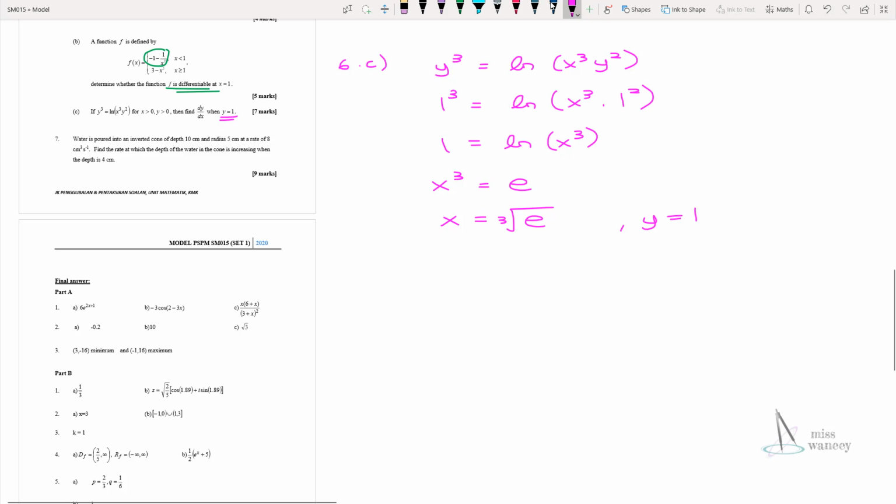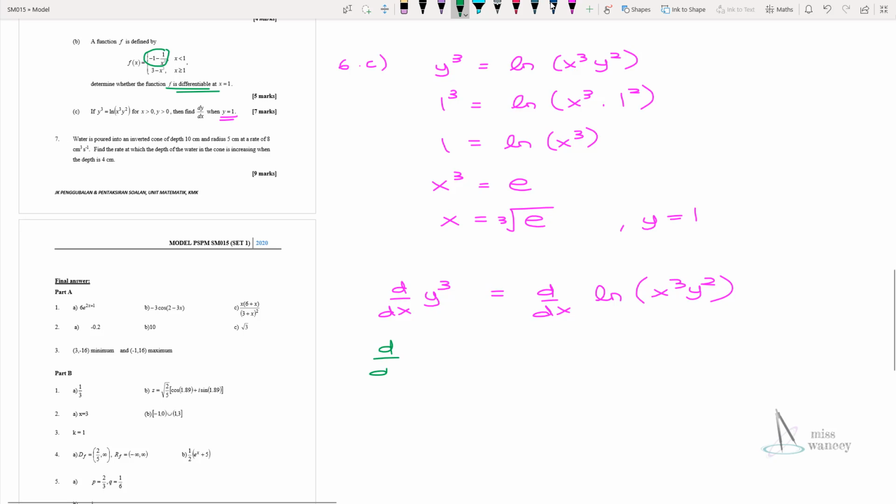So let me differentiate. So d over dx of y cube equal to d over dx of ln of x cube y square. So differentiating this one, we got a different variable over here. We need to use the chain rule.